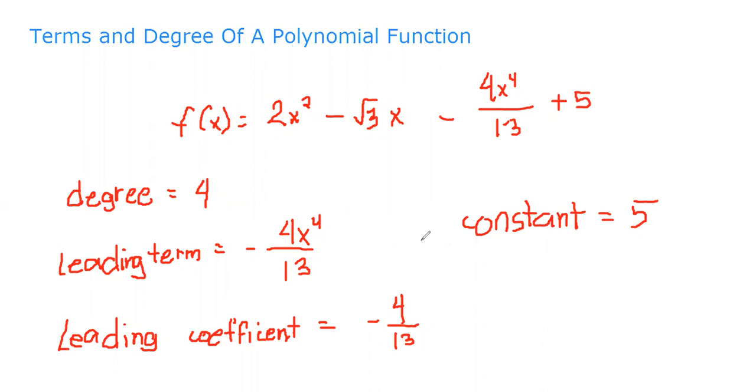Always remember how we know it is not a polynomial function. When there is a fraction in the exponent, for example 2x raised to 1/2, this is not a polynomial function. 2x raised to -5 is not a polynomial function because we have a negative exponent.